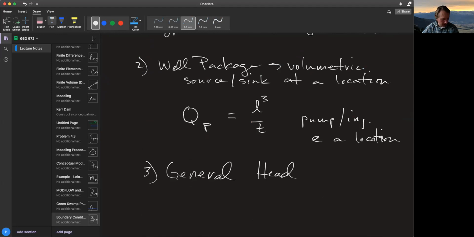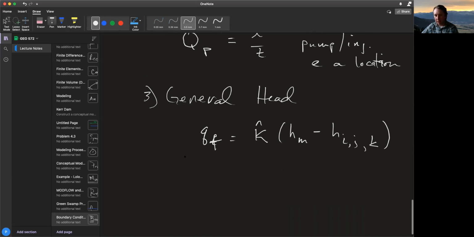And the general head basically says that the flux into or out of the domain is equal to this, I'm going to call it K hat, times the difference of the head outside or inside our domain. So this is the head outside the domain, here I called it head mountain, minus the head inside the domain, H sub IJK, an active cell right next to the barrier.